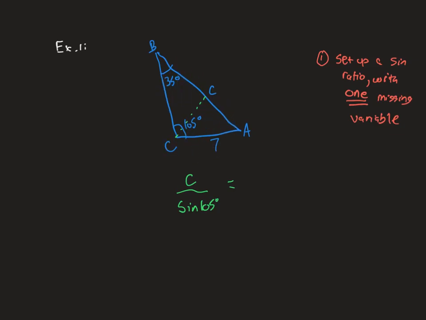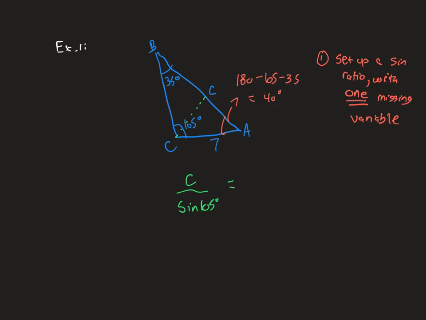So I can find my third angle by doing 180 minus 105 minus 35, which would give me 40 degrees. Now, I could find my third angle, as you saw there. But is it helpful?